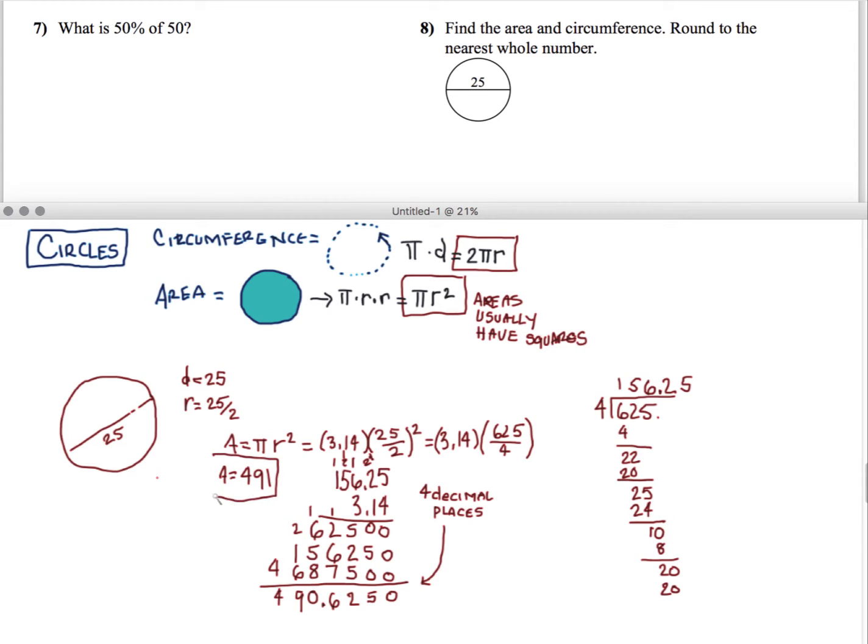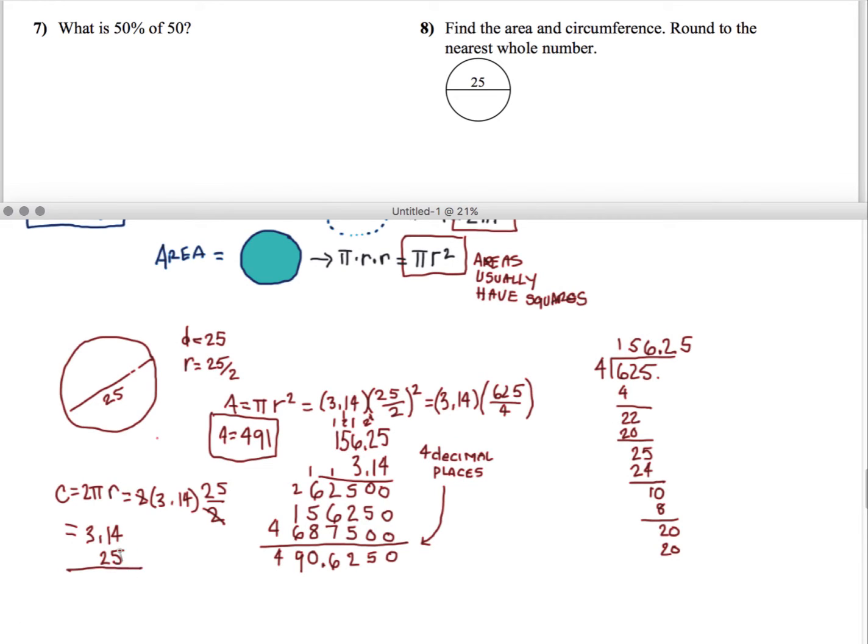Now circumference. I left this last because it's easier. It's 2 pi times the radius. Actually we can just cancel out the 2's and leave that as 25 times 3.14.